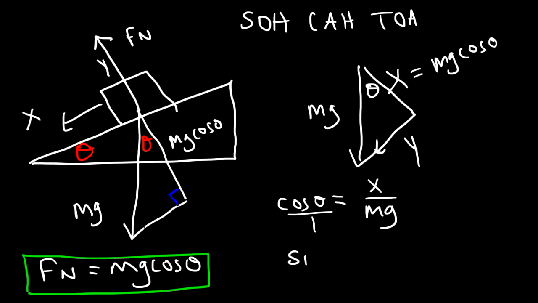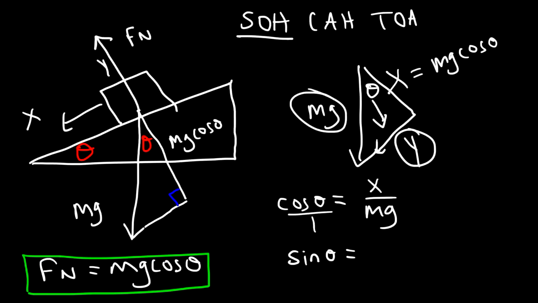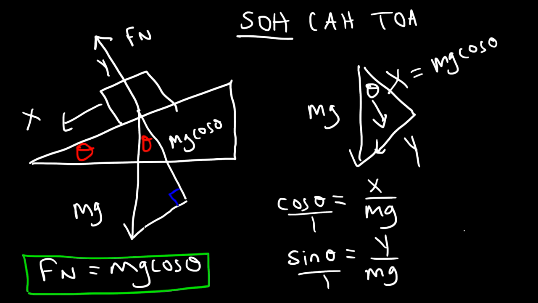Now let's focus on sine theta. Sine theta is the ratio of the opposite side, which is y, and the hypotenuse. So sine is y over the hypotenuse, which is mg. If you cross multiply, you'll see that y is mg sine theta. So that correlates to this portion of the triangle.